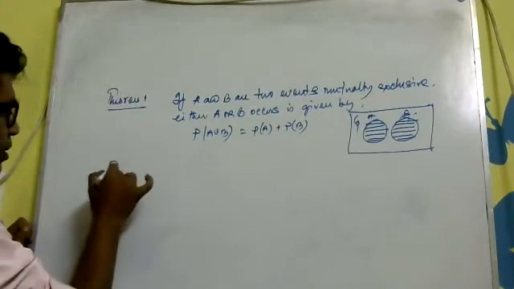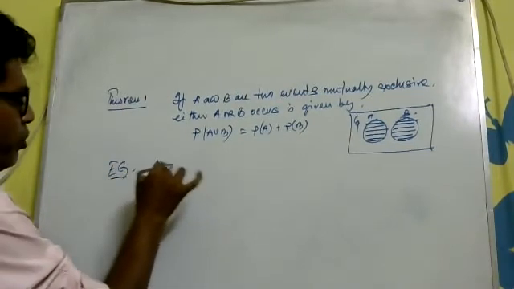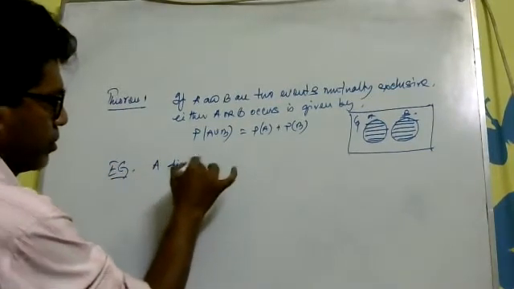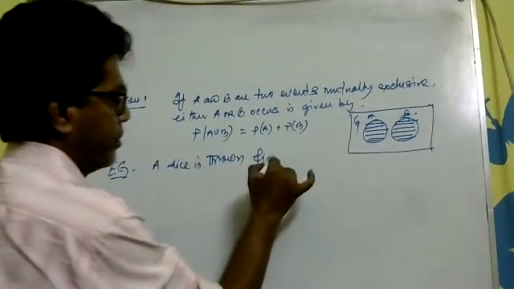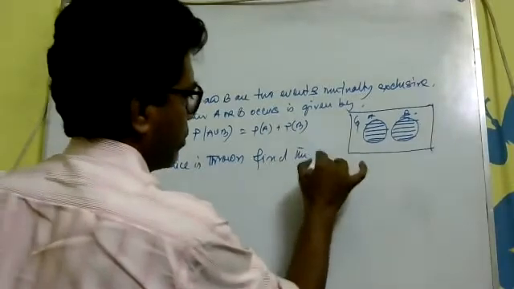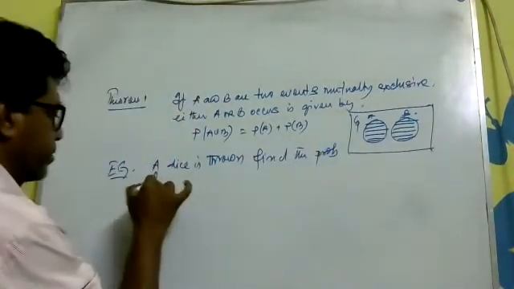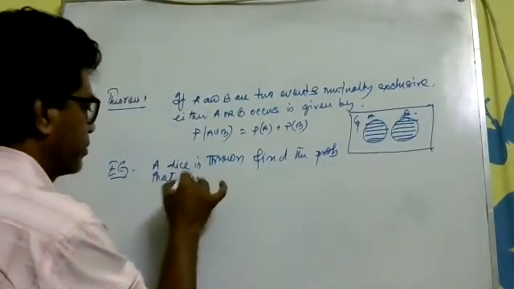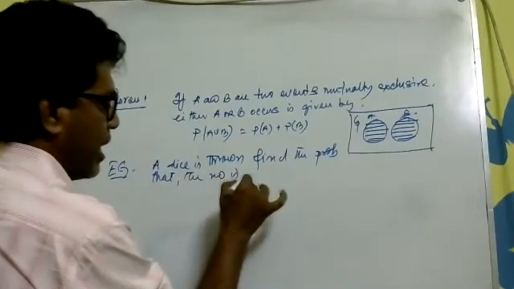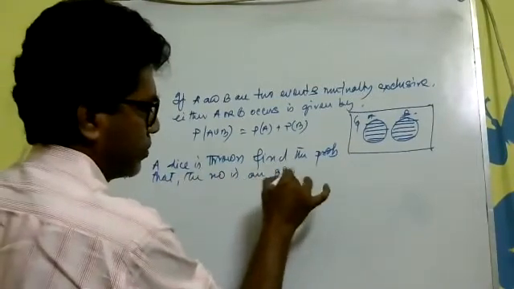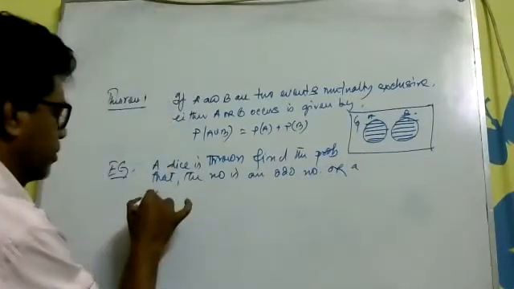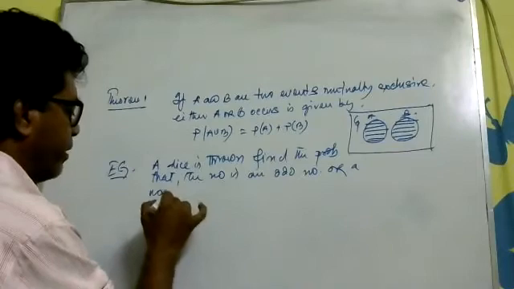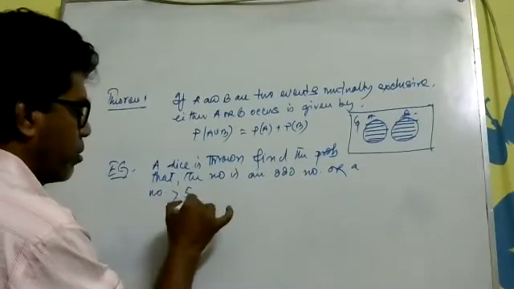Example: a dice is thrown. Find the probability that the number is an odd number or a number greater than 5 will turn up.